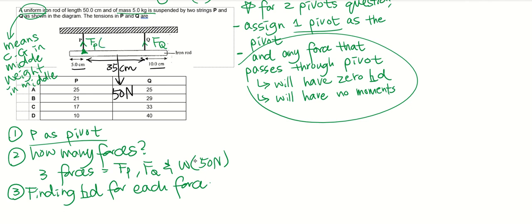Therefore, Fp passes through pivot P, so the perpendicular distance of Fp with reference to pivot P will be 0. And for Fq, it is a distance of 35 cm.